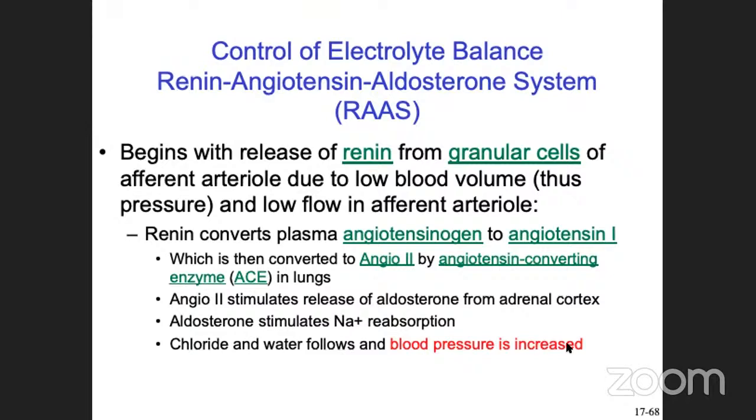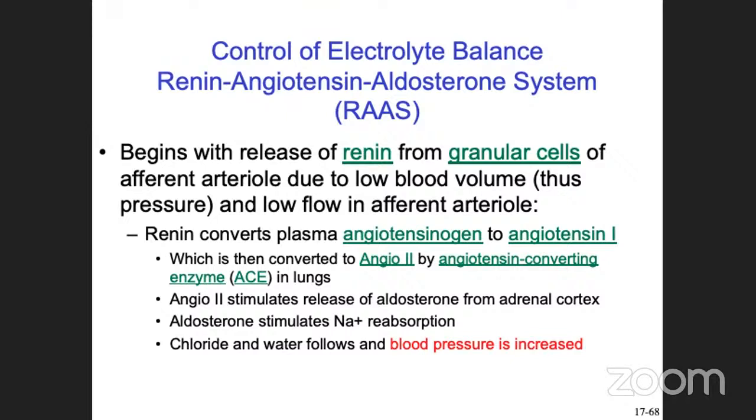So the blood vessel can directly detect this condition, and they need to react by triggering the activation of the RAS system. The RAS system begins with the release of renin. The renin is a component.